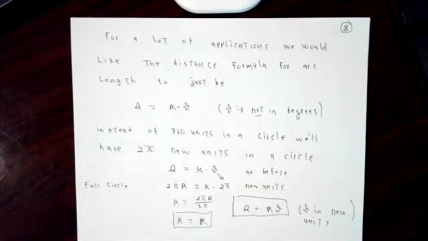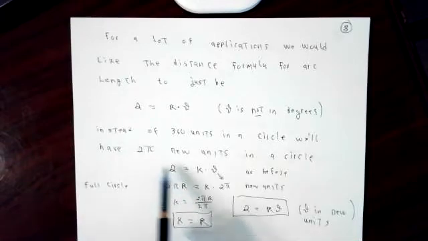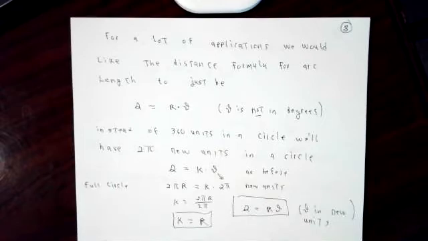So instead of having 360 units in a full circle, units of angle that is, we're going to have 2 pi units in a new circle. If you sit down and redo the calculation to figure out what k is, if you're using these new units, it just turns out to be r, and that means that the arc length is just r times the angle, except we're not using degrees anymore, we're using some other units for the angles.